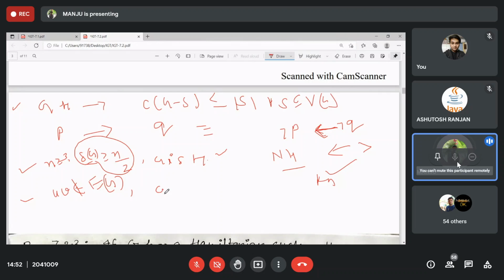Then what do you say? If G is Hamiltonian, then G plus UV is also Hamiltonian. Clear? G plus UV is also Hamiltonian. Understood?